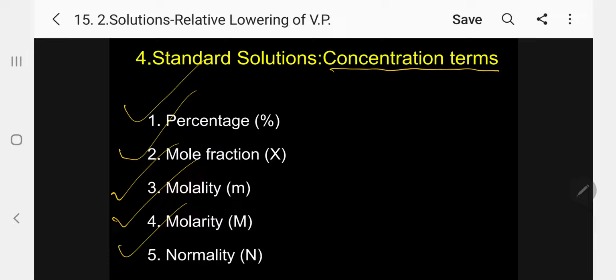Under this solution unit, we are going to utilize only mole fraction, molality, and molarity. Percentage we are not using here, but we know it in some other purposes. Normality is normally used in practical purposes.